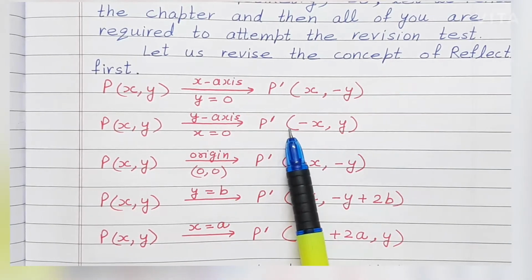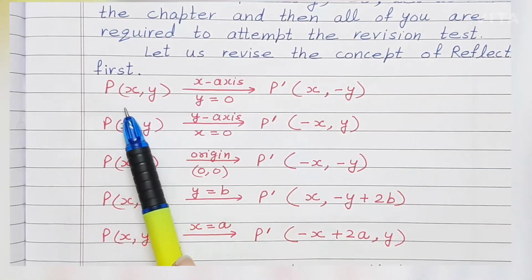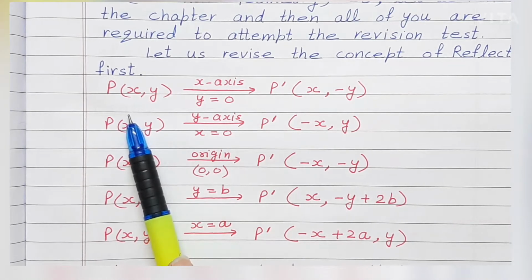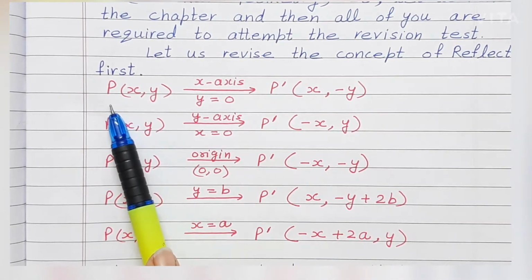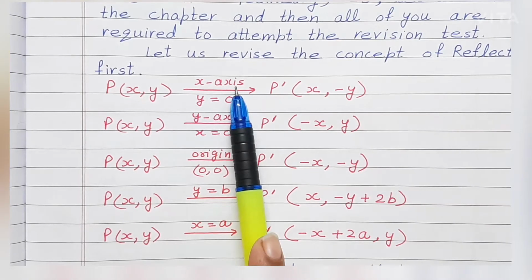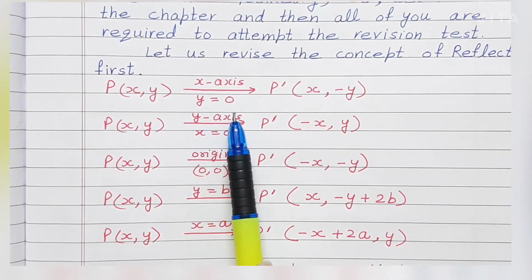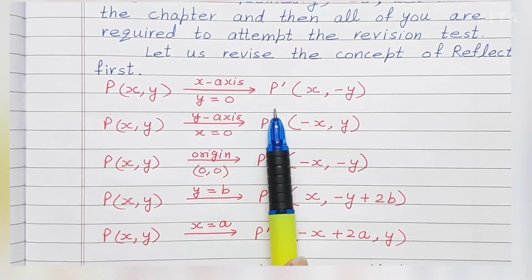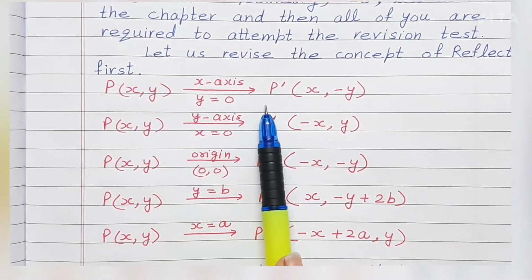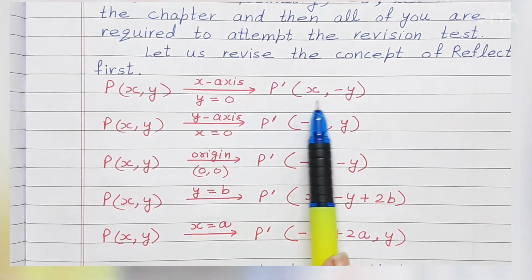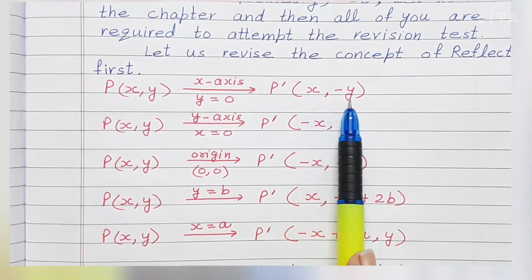Now students, you all know that whenever we have to reflect any coordinate along x-axis, x-axis means where y is 0, so the value is P dash x comma minus y.